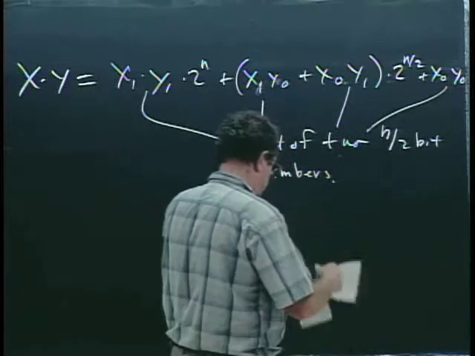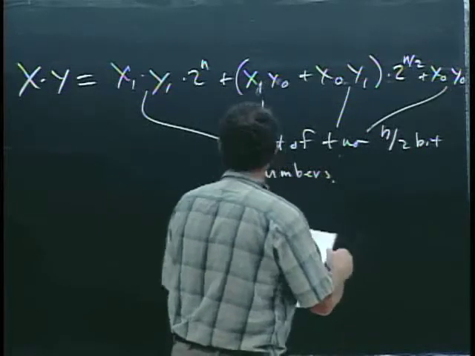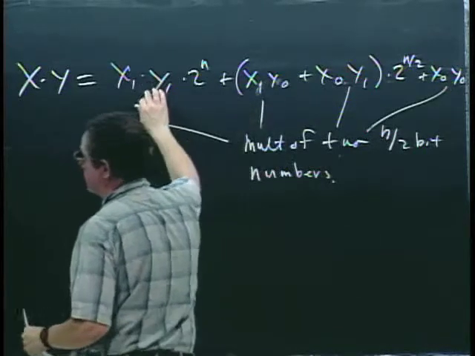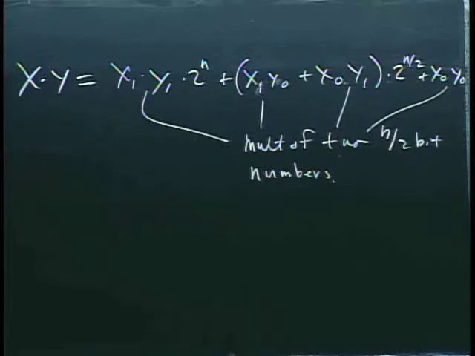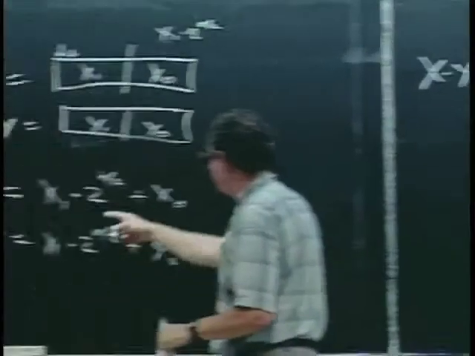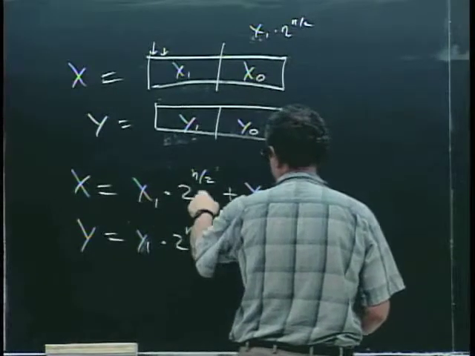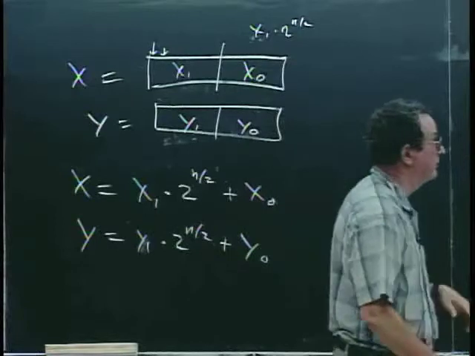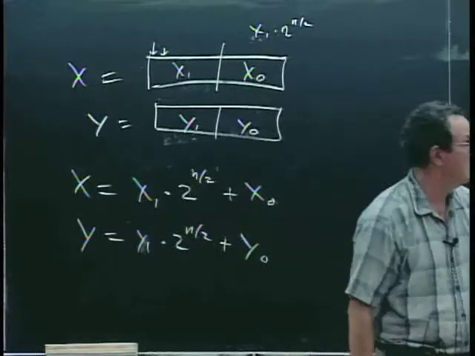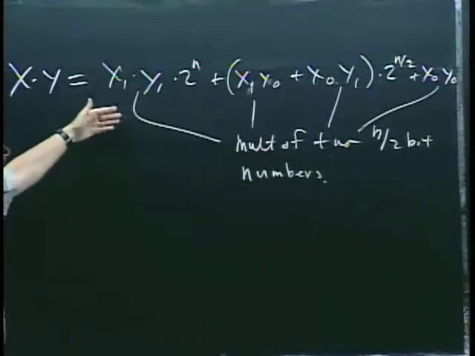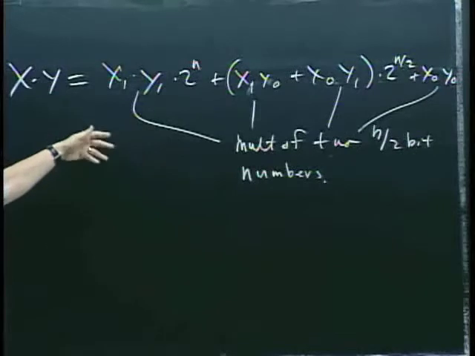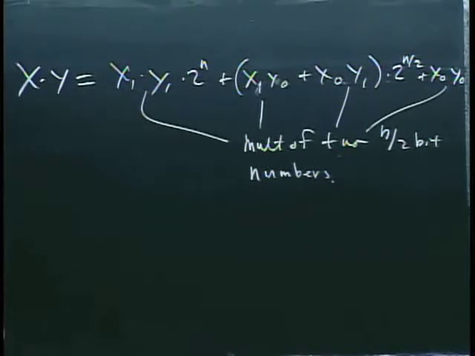Why is that n over 2 and this is n? Because this was the term that came from multiplying 2 to the n over 2 times 2 to the n over 2, so we got a 2 to the n there. The cross products, x1 times y0, 2 to the n over 2, is just going to have the 2 to the n over 2. So we've got 4 multiplications of n over 2 bit numbers.